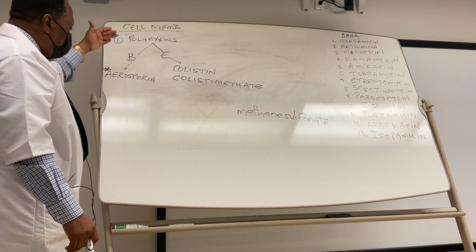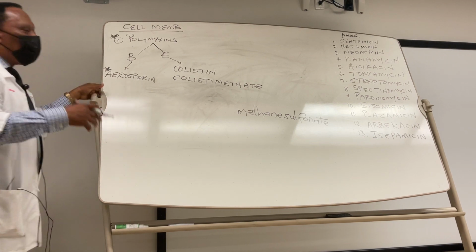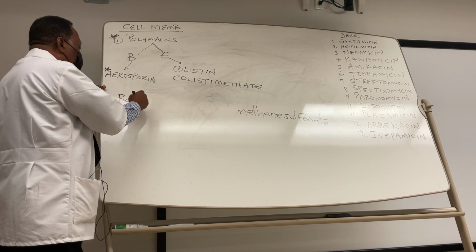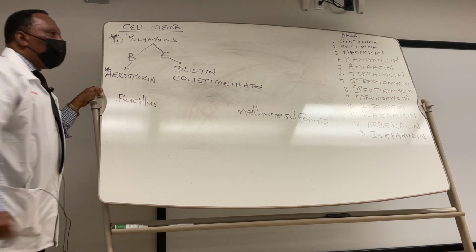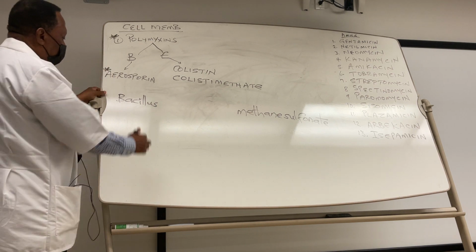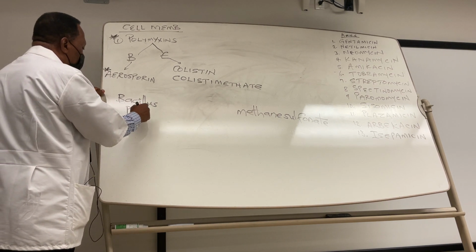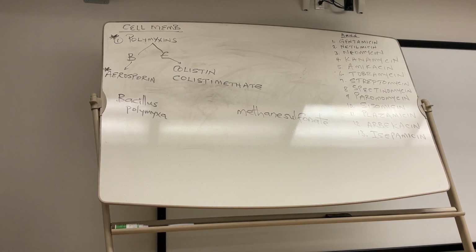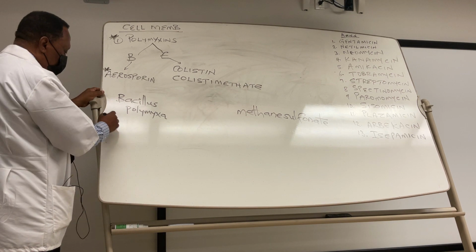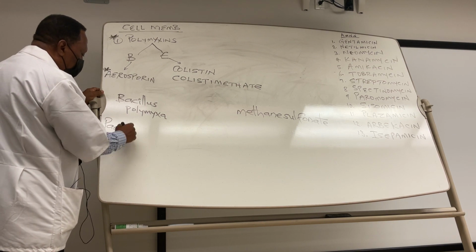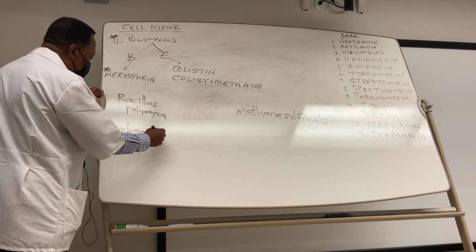All right. So the polymyxins we said are true antibiotics, and they were obtained from some Bacillus species. The polymyxin B is from Bacillus polymyxa. You can see that organism also being referred to as Paenibacillus. So it's the same organism.